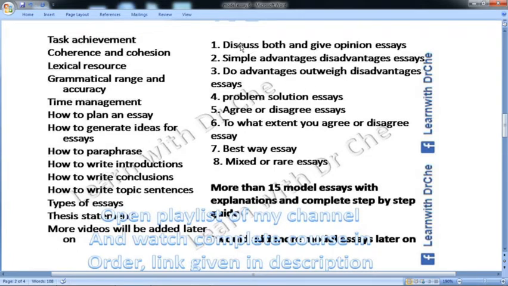Nowadays we are discussing the first type of essay. Then I would discuss other types. Don't panic. There are more model essays for this type of essay because this is common, and then there would be less for others. There are more than 15 model essays in my course, and I would write every essay and explain everything step by step.